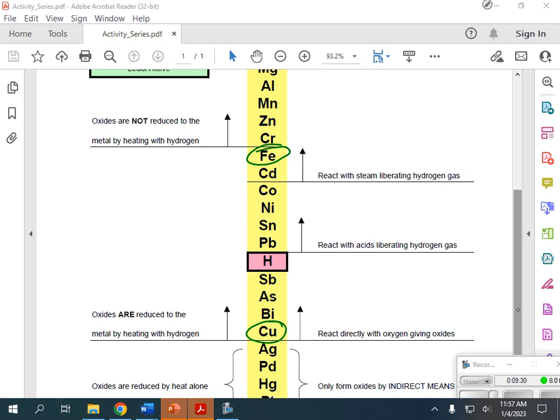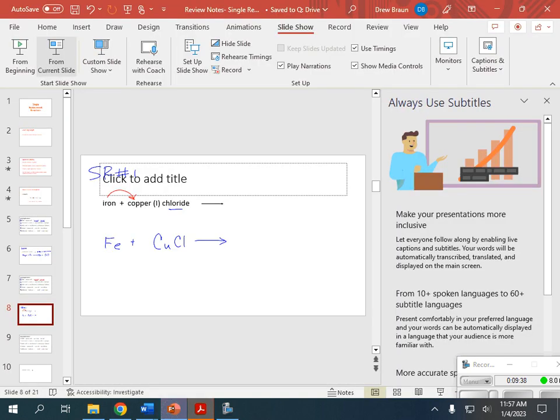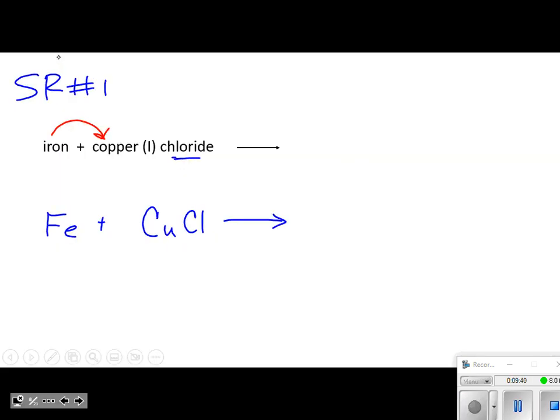Is iron going to replace copper? Yes, it will. It's higher on the activity series. So iron will replace copper. So my new metal is going to be Cu. I can't take that C. Cu is going to be my new metal.